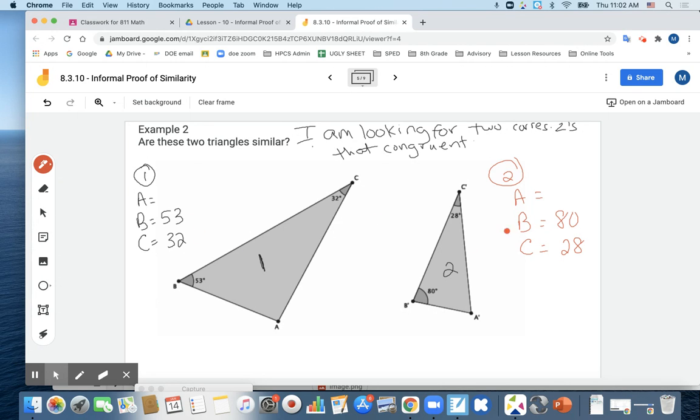Right away, just by writing that down, I can see that they don't have two angles that are congruent. But I want to make sure because I don't know A. So maybe A would match.